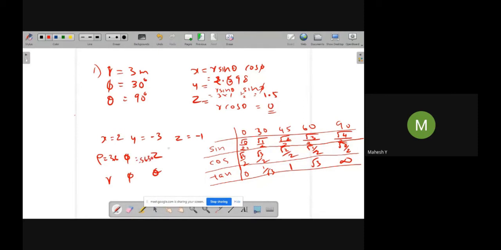Z is minus 1 itself. So here r is 3.741. Phi will remain same. Theta, how much? Minus 74.98.